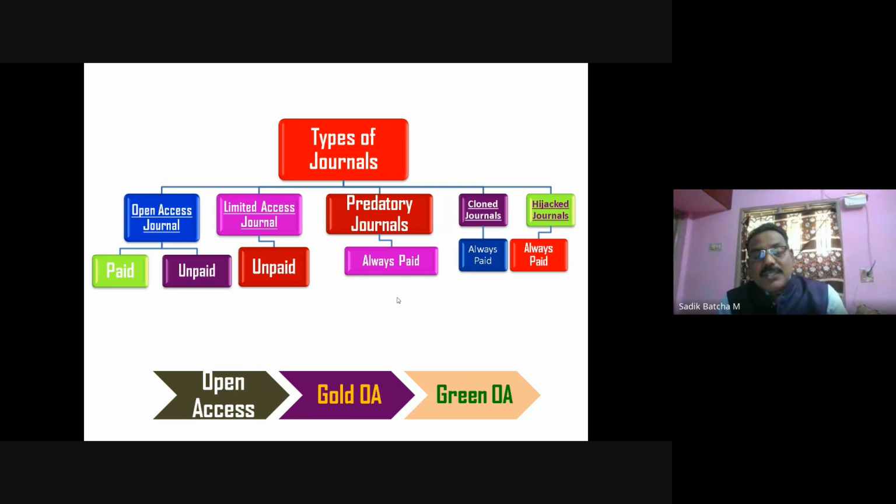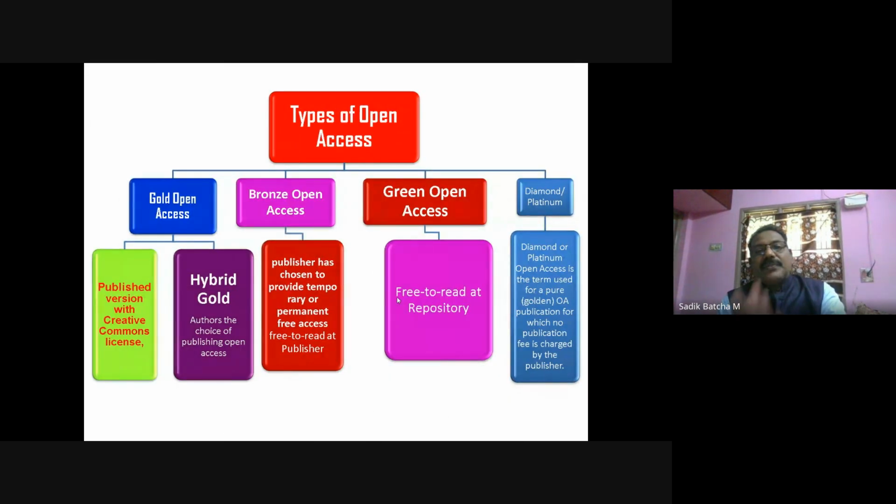Now, in our session, what I am going to tell is how to be safe in submitting our article to the journals, how to select the proper journals, and how to submit our article in a safe manner. That is what we are going to discuss. When we talk about open access, as I told you, there are different types: gold open access, bronze open access, green open access, diamond and platinum open access.